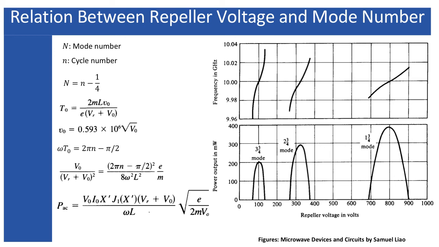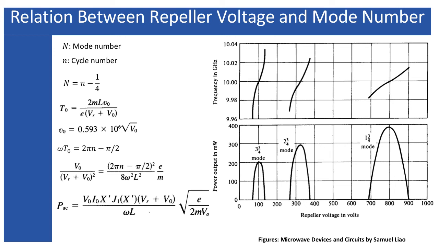Finally, after replacing all of these expressions, you can establish a relation between the Repeller voltage Vr and the cycle number, and that cycle number in turn is associated with the mode number. So by varying the Repeller voltage, you can change the particular mode at which you want to operate your oscillator, and for that the AC power will take this kind of expression.